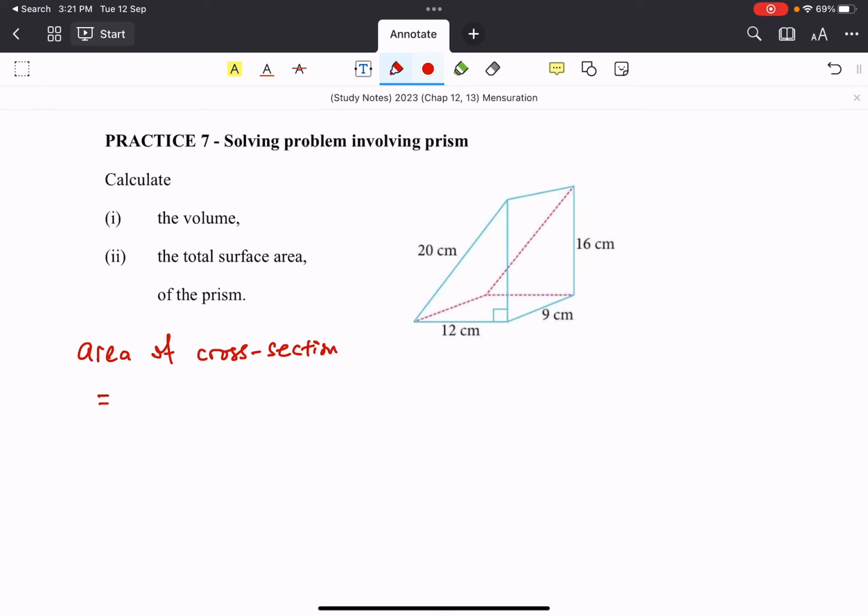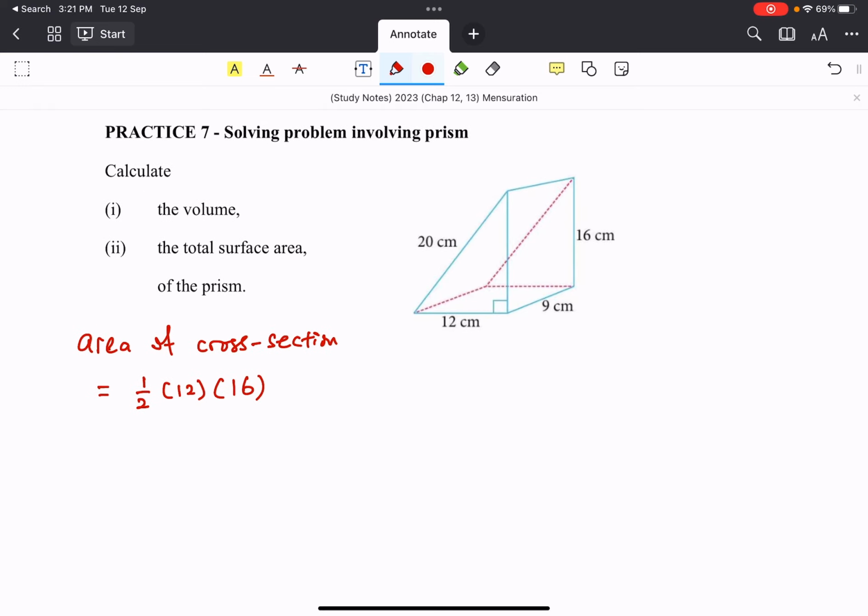In this case, the cross section is a right angle triangle, so it's half times 12 times 16. As you can see, half times base times height. So that will result in 8 times 12, which is 96.